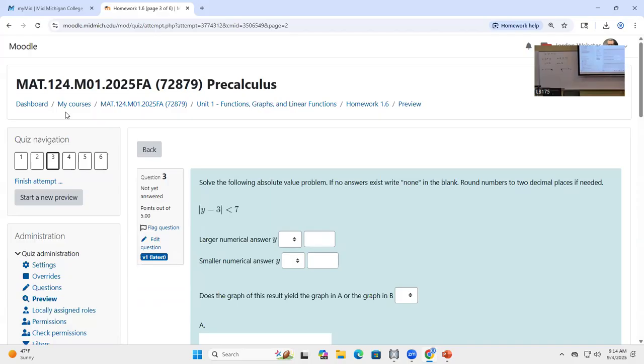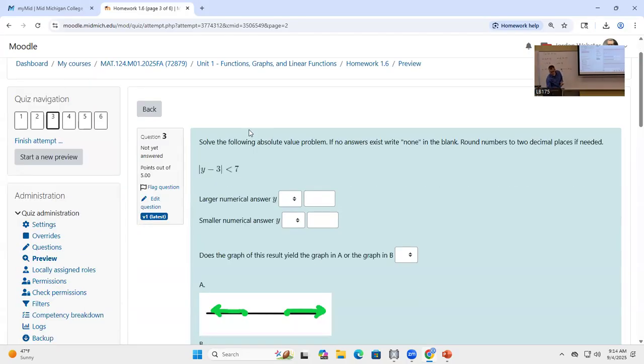I don't want to throw you off. Basically, what I do on Moodle, this one had variable y instead of variable x, but same deal. We say larger numerical answer is y, and then you pick out your inequality symbol.